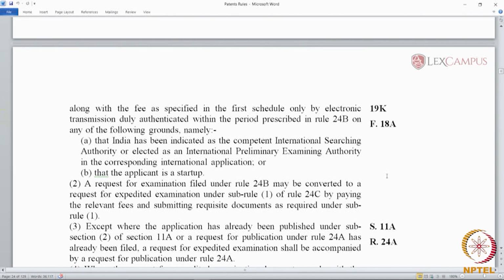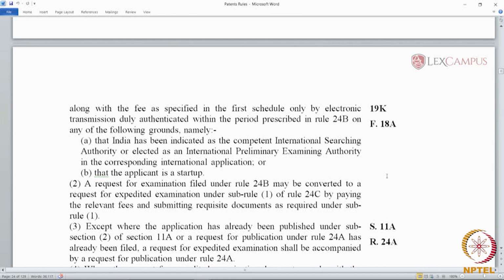And these changes were introduced into the patent rules by the Patents Amendment Rules 2013. The 2013 amendments made the Indian International Searching Authority and the Indian International Preliminary Examining Authority come into being. So, that is the first category.